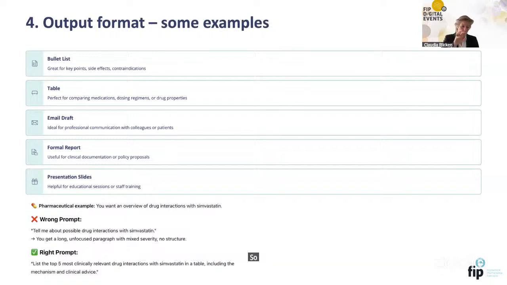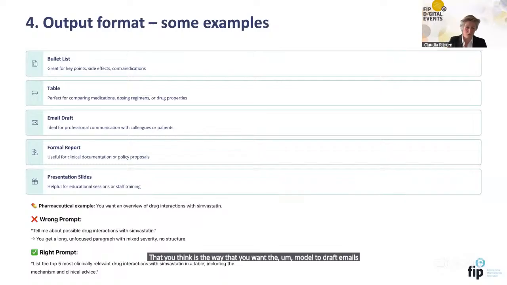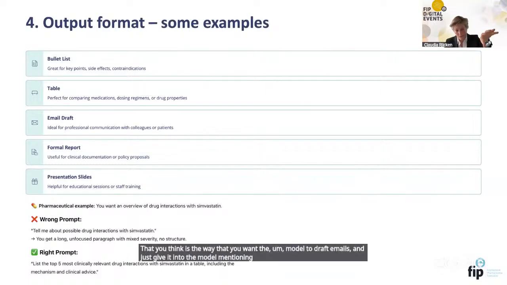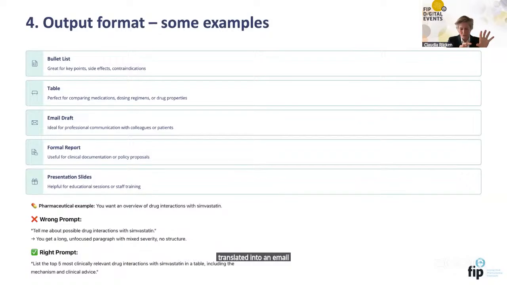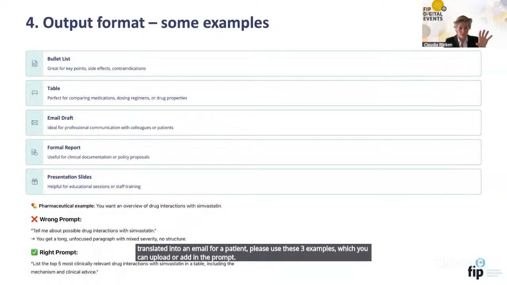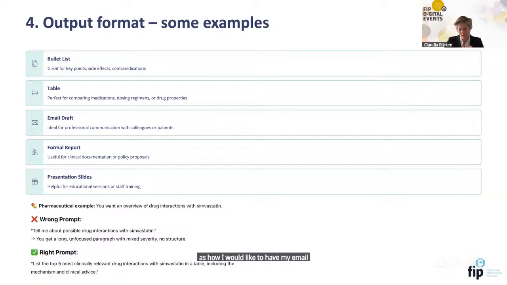So take 2 or 3 examples of emails that have a tone of voice and a structure that you think is the way that you want the model to draft emails, and just give it into the model, mentioning, I have this letter from a doctor. I want to translate it into an email for a patient. Please use these 3 examples, which you can upload or add in the prompt, as how I would like to have my emails sent.